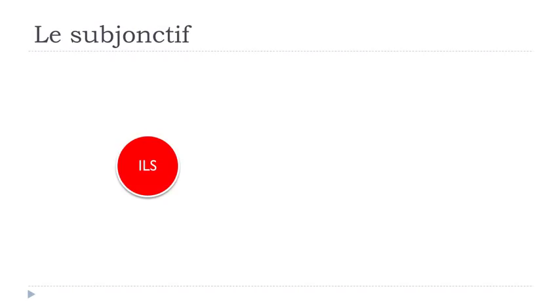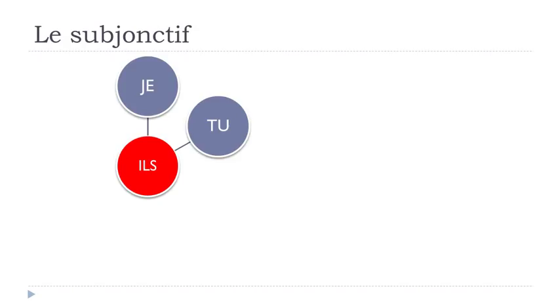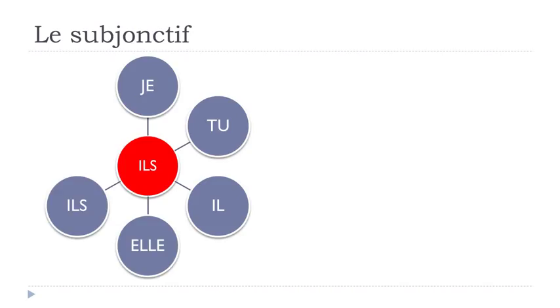Because the idea is that you will have to use this ils at the plural form here, okay? And this form of the present will help you to build the forms of the subjunctive for je, for tu, for il, for elle, and for ils and elles.